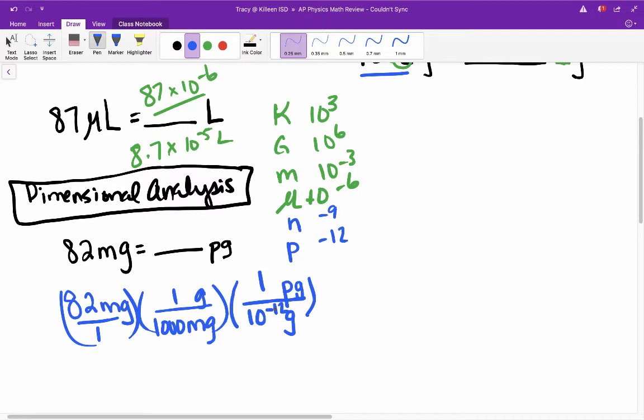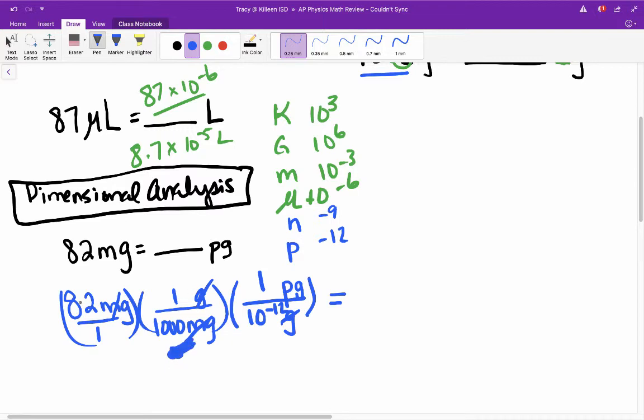Sometimes you have to think about that a little bit. Pico is teensy weensy, so this is going to be 10 to the negative 12th grams. I know I'm right because milli cancels out, and then my grams cancel out, and it leaves me with pico. I've checked my conversion factors, and I know that they're right.